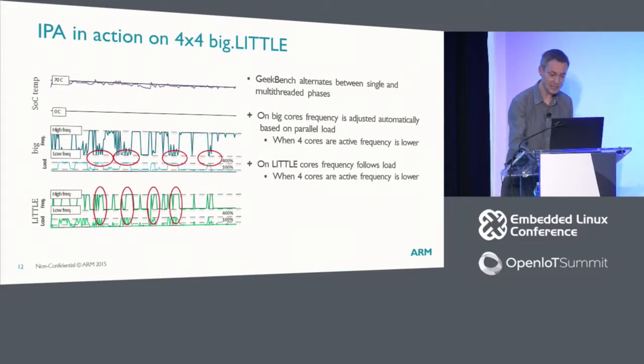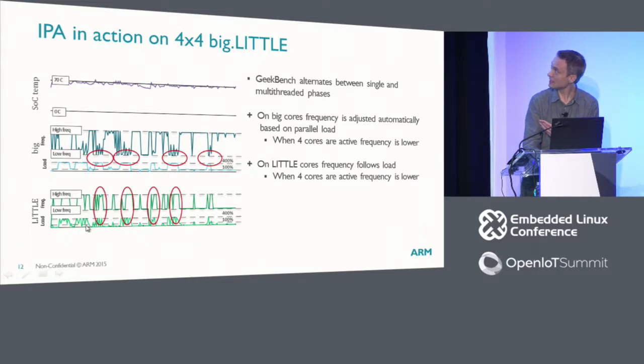So what happens here, you'll see the device temperature is sitting there nicely at the operating point. So it's not going over temperature. And what's happening is, where we have these intensive periods of 400% load, which is all 4 cores running, actually IPA is pulling the frequency of the big cores down to a lower frequency.